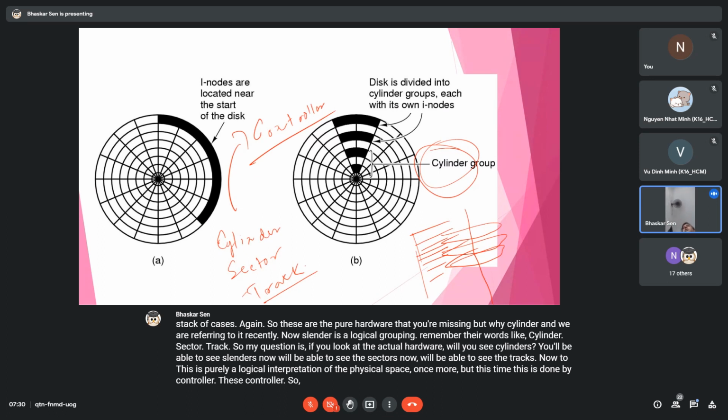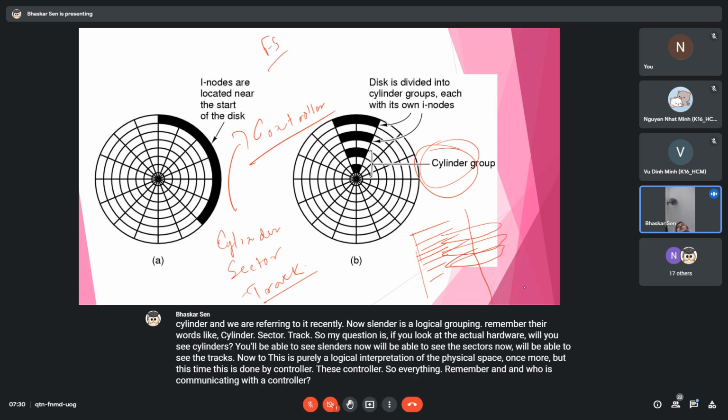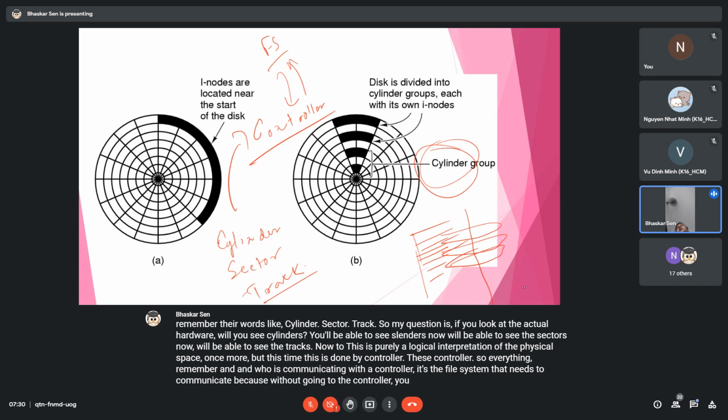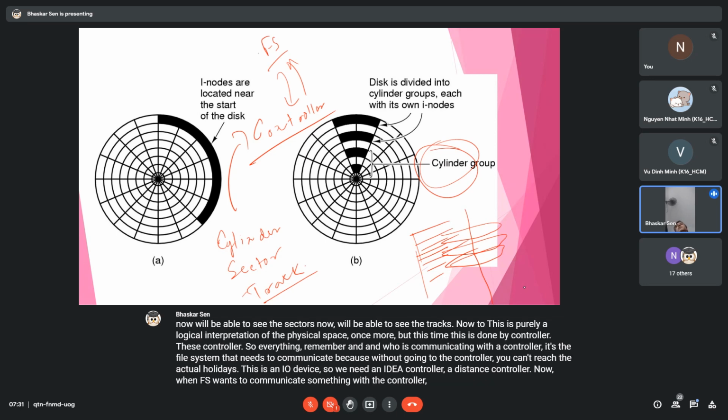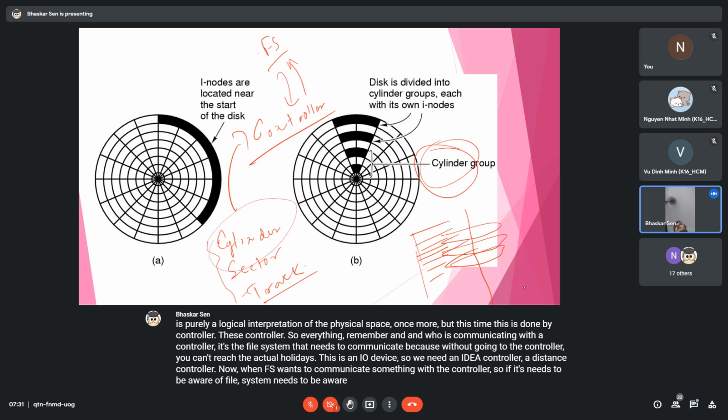So everything, remember, and who is communicating with the controller? It's the file system that needs to communicate, because without going to the controller, you can't reach the actual hard disk. This is an I/O device, so we need an I/O controller, a disk controller. Now, when the FS wants to communicate something with the controller, the file system needs to be aware of the cylinders, sectors, and tracks, the way it has been arranged.